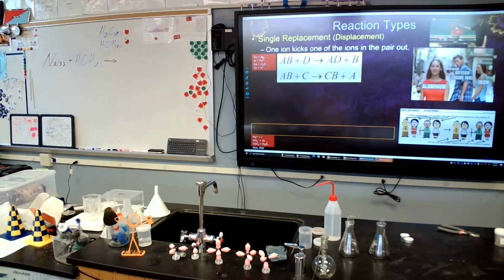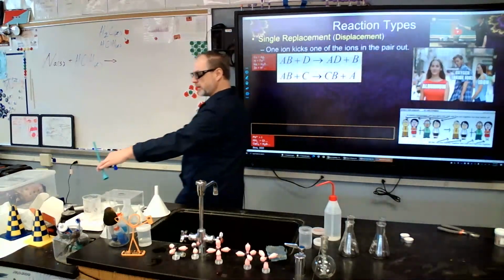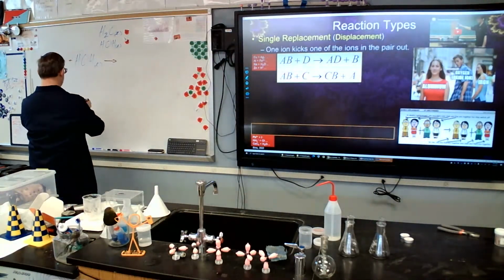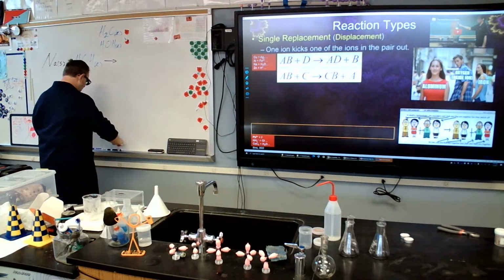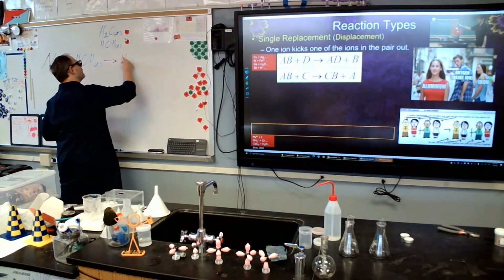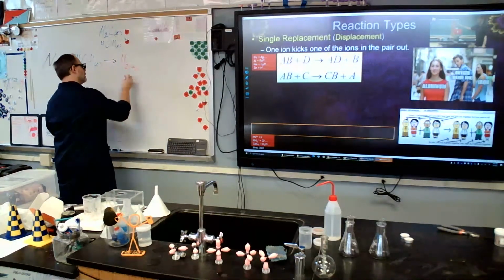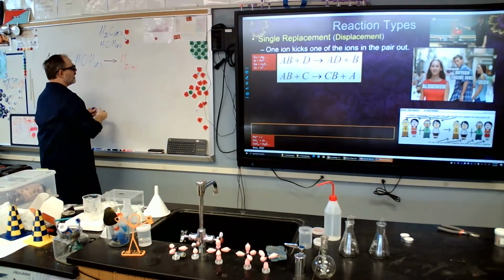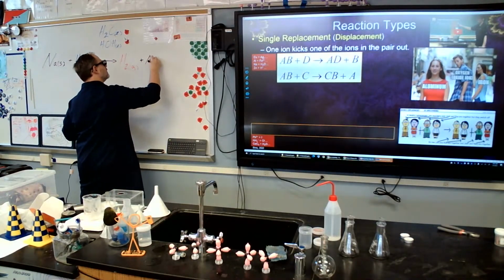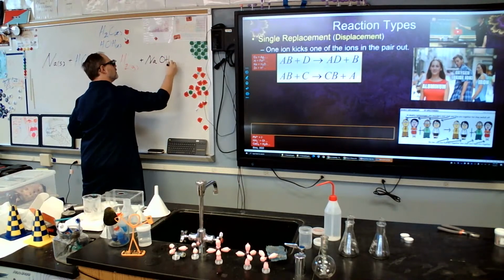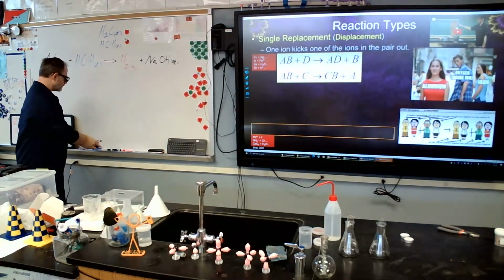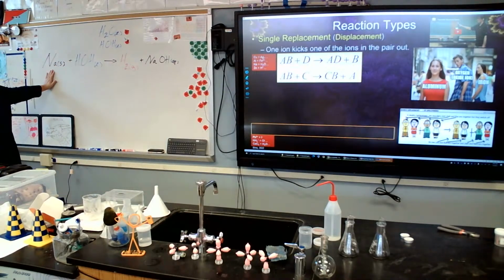So sodium is way more active than hydrogen. So it will actively kick out the hydrogen, leaving behind H2 gas and a solution of sodium hydroxide. And it's going to be aqueous because it's a solution.